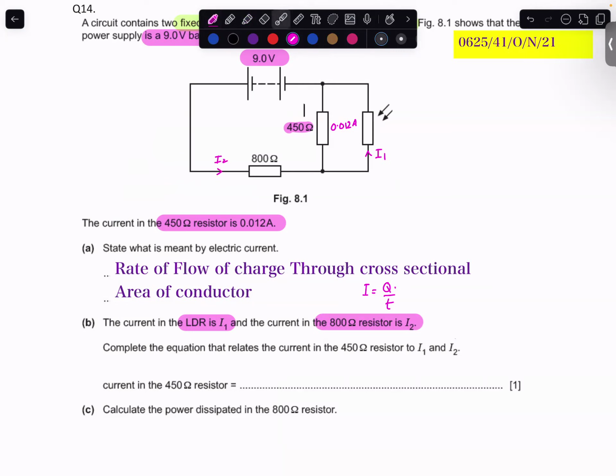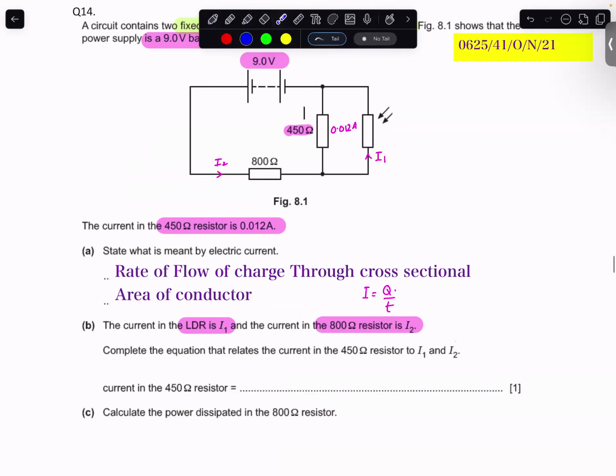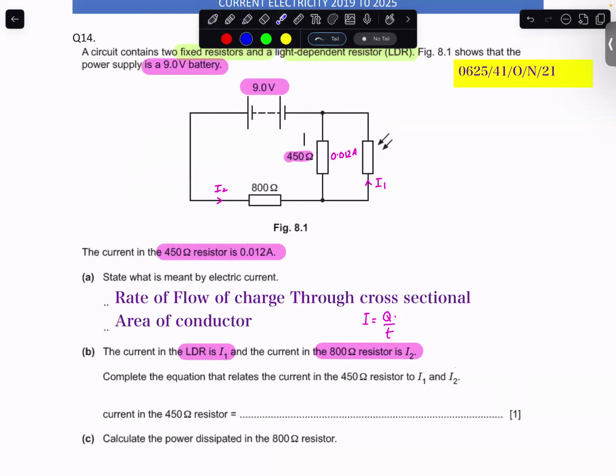According to the rules of parallel and series circuits about current, in a series circuit the current remains the same everywhere. But this part of the circuit is parallel. So this I2 will be divided into two parts: I1 and 0.012 ampere in the 450 ohm resistor.